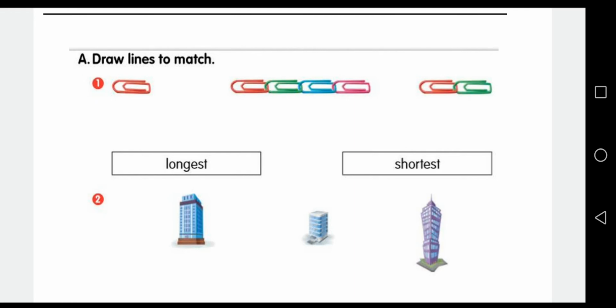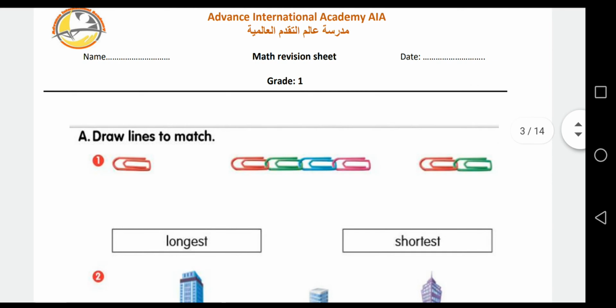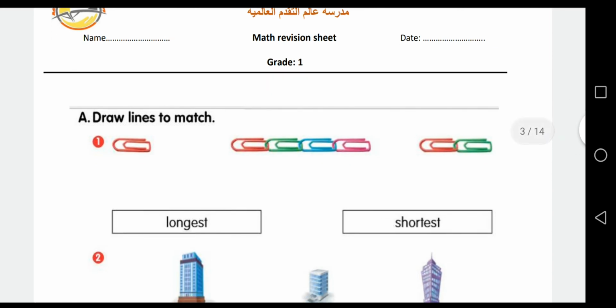Now, if you look at the paper clips, the first one I have only 1 paper clip, right? The next one I have 1, 2, 3, 4 paper clips.